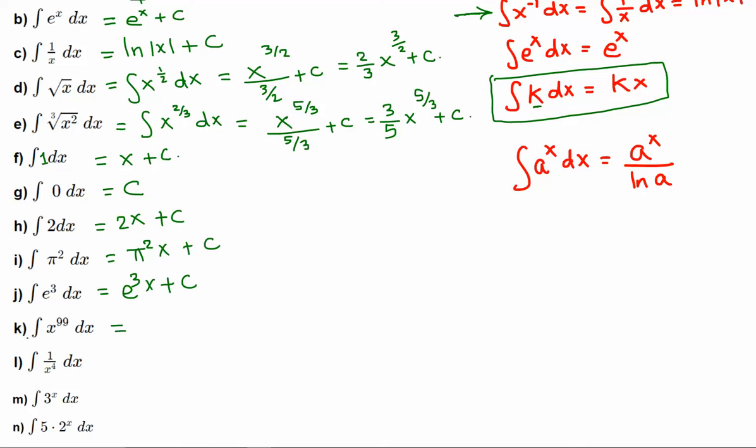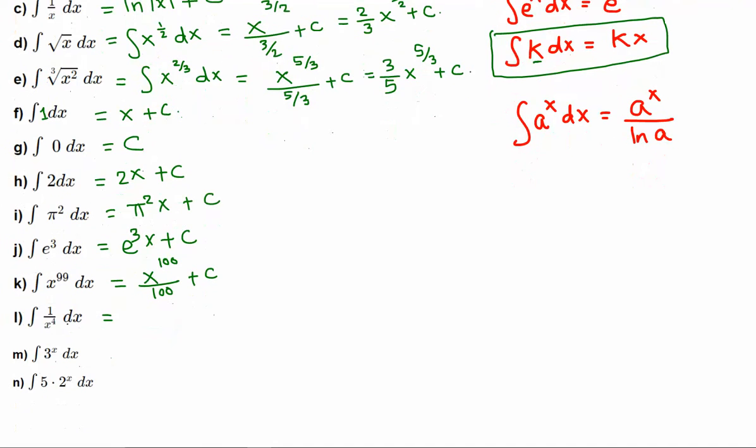Okay, K, x^99. Now, power rule: this will be x raised to 99 plus 1, which is 100, divided by 100, plus C. Next, 1 over x to the fourth, so we need to get rid of this fraction. The integral of 1 over x^4 is the same as the integral of x^(-4). Move this to the top, x raised to negative 4. Now this is like x^n, so we can use the power rule.